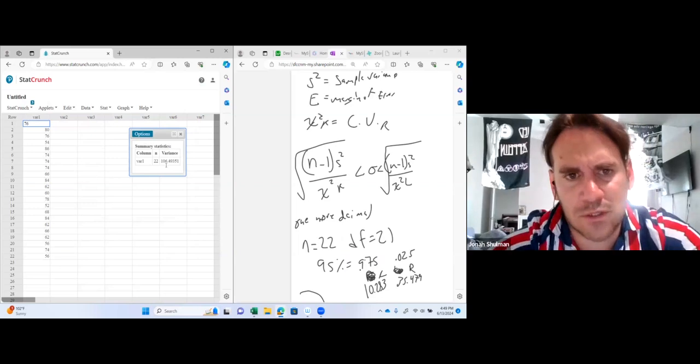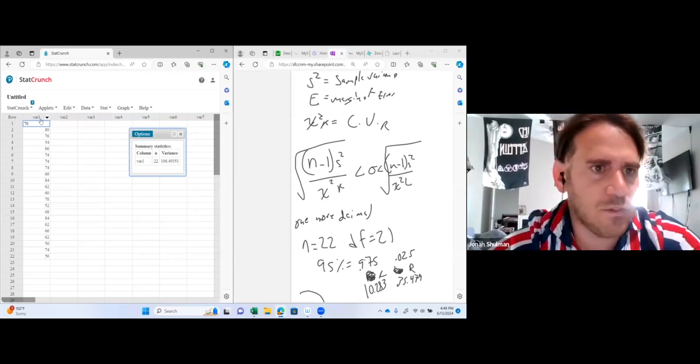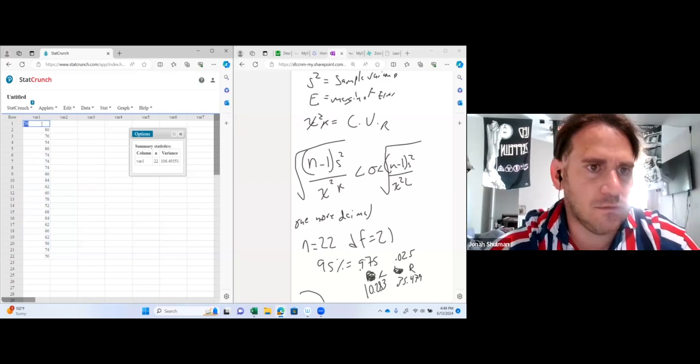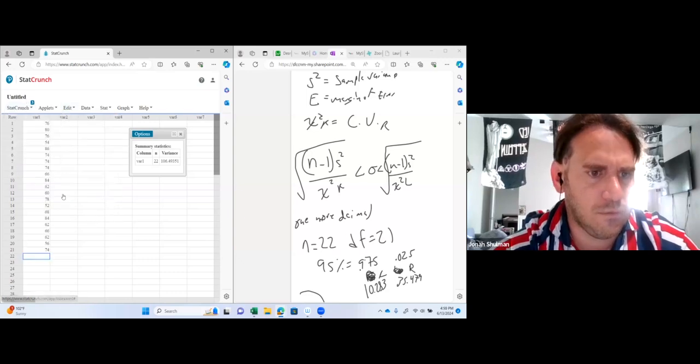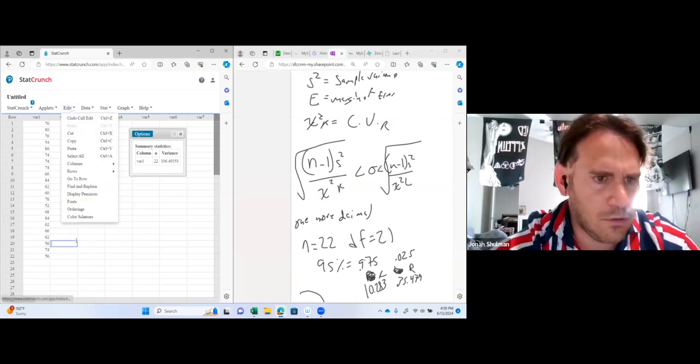So I now have a variance of 106.49, which is what this is. If you don't like this, if you hate StatCrunch, you know, some people hate it, we can highlight this. Cool.